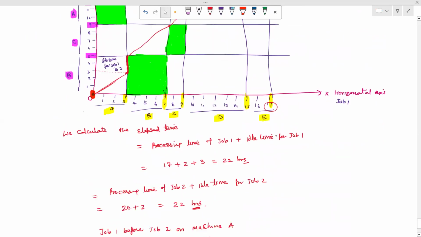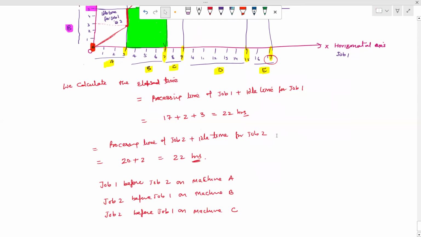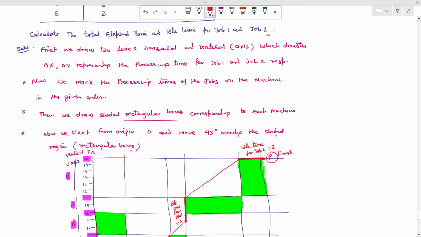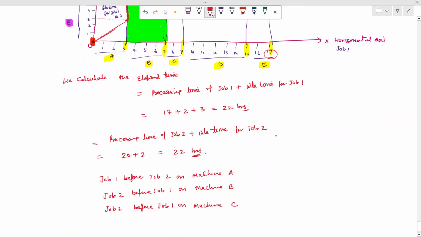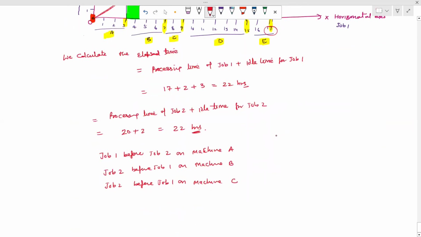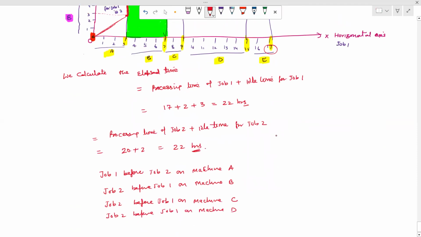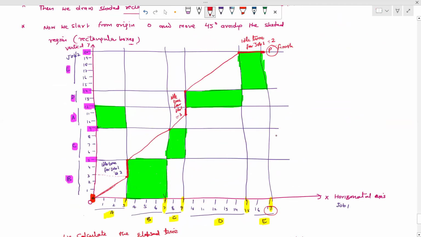Next, we write down for D. So D means job 2 before job 1 on machine D. And for E, 14, yeah, 14.